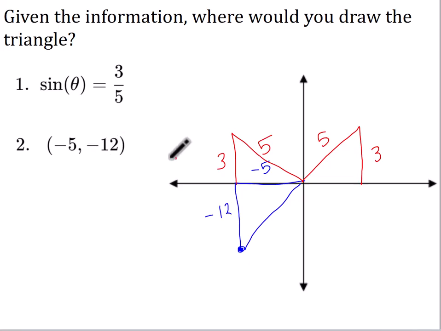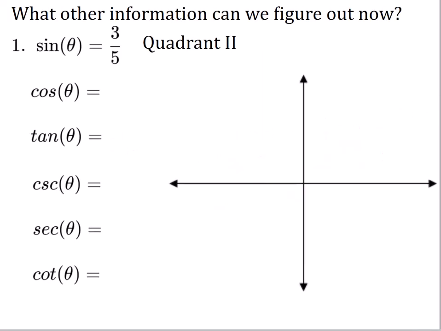So that's some of the things that we're going to think about today, that we need at least 2 pieces of information in order to figure it out if we're given the y value and the radius. But if we're given x and we're given y, then we know exactly where we're going to be. So sometimes the information is going to give us all the information that we need, and sometimes it isn't.